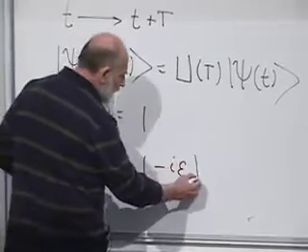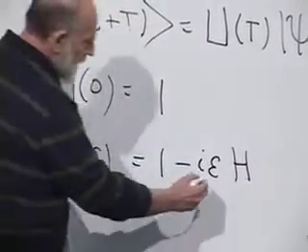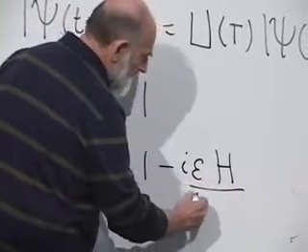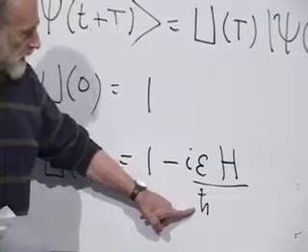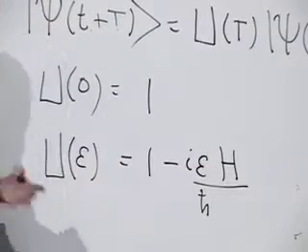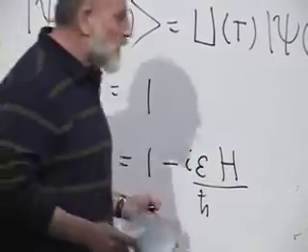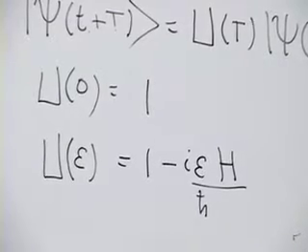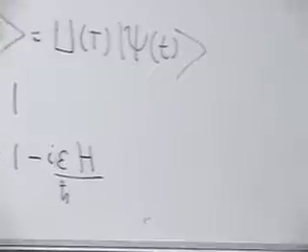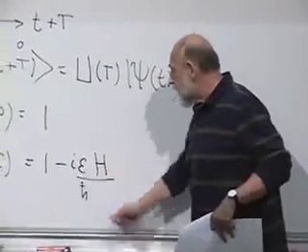And I'm going to write H divided by Planck's constant. Now, there's no content to all of this i and h bar here. It can all be absorbed into the definition of capital H. I've written it that way because later on we're going to find out that capital H has a significance as the energy of the system, or the quantum analog of the Hamiltonian. But for the moment, this is just an arbitrary convention that I put an i there.